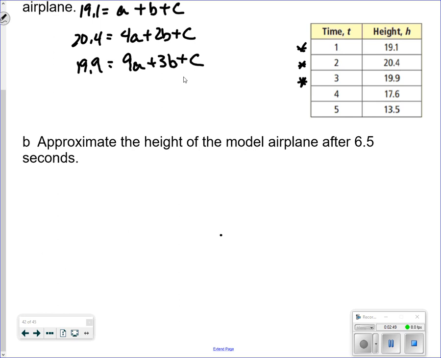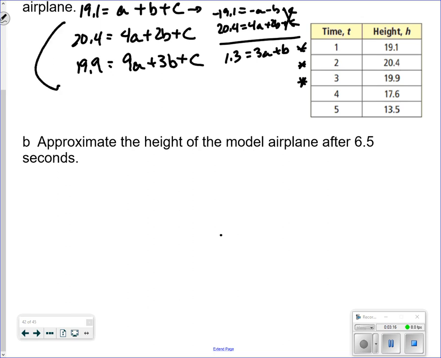So if I multiply the top by -1, I get negative 19.1 equals negative A, negative B, negative C, and 20.4 equals 4A plus 2B plus C. C is gone. 3A plus B, and that ends up being 1.3.